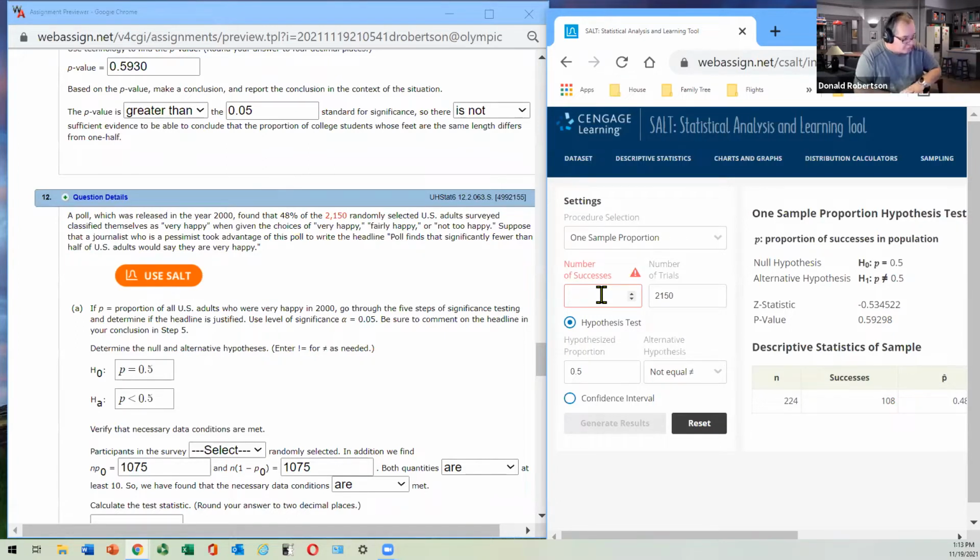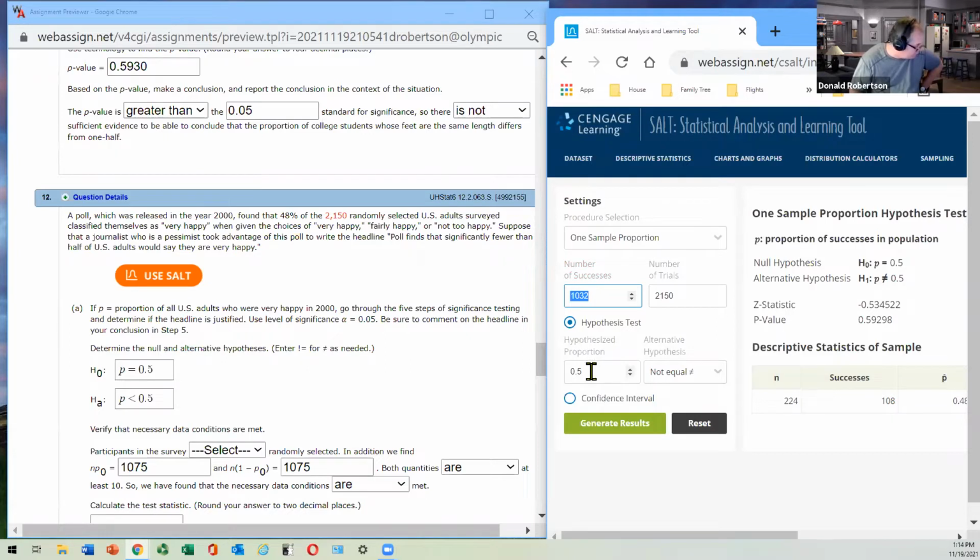They didn't tell me the number, they told me the percentage. So I'm going to find 48% of 2,150, and that ends up being 1032. So do you see that in this particular question, we had to find that as a number, because that's the way SALT wants it to be given.